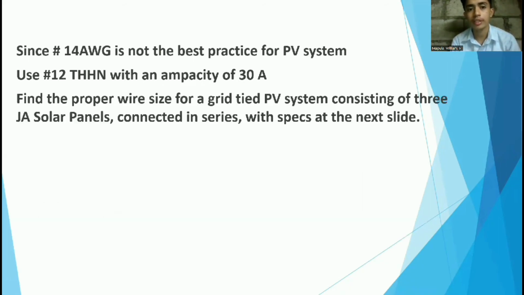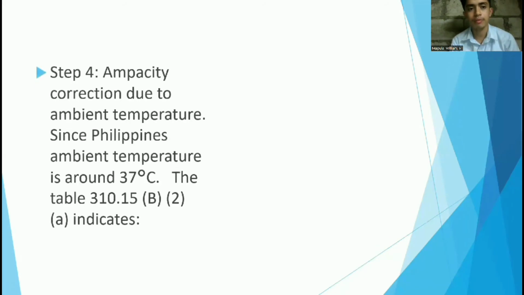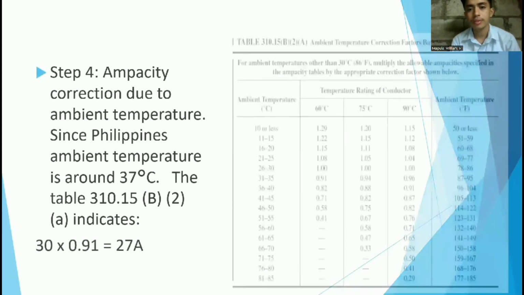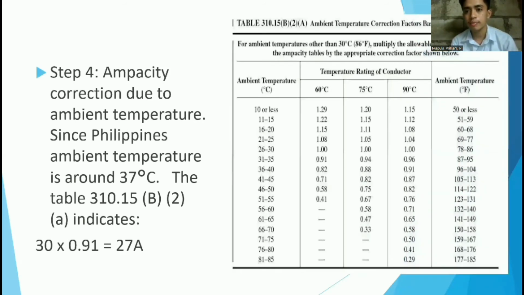Find the proper wire size for a grid-tied PV system consisting of 3 GA solar panels connected in series with specs at the next slides. Step 4, ampacity correction due to ambient temperature. Since yung temperature sa atin, based on the table, is nakabase lang siya sa 30 degree ambience. Yung sa Pilipinas is ranging 37 degree.